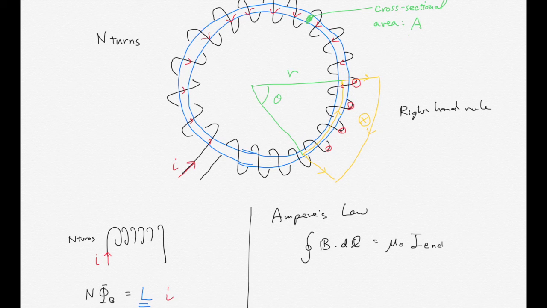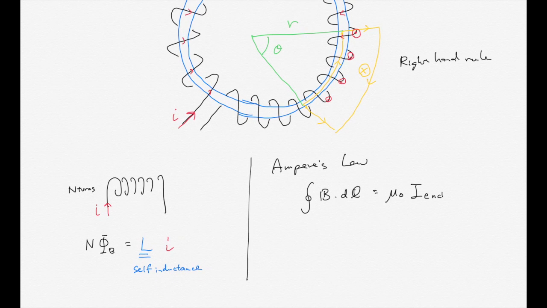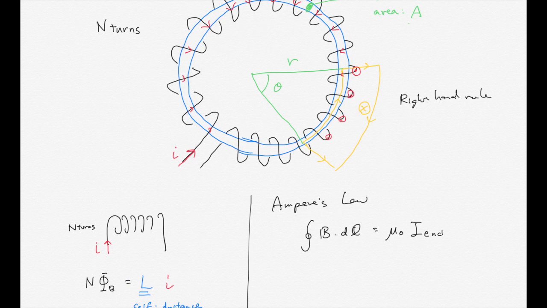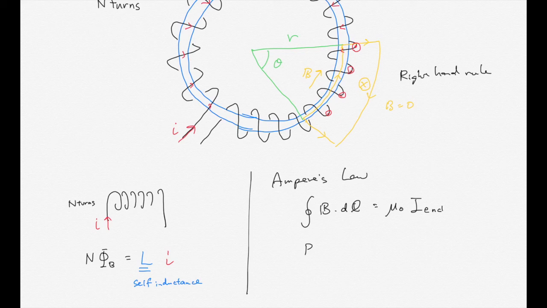Then actually, if we consider that this is the direction of B, the integral becomes B times r theta, where r theta is the length of this path. And the current is always in the opposite direction to the positive direction. The positive direction is toward the board, and the current is directed toward us.